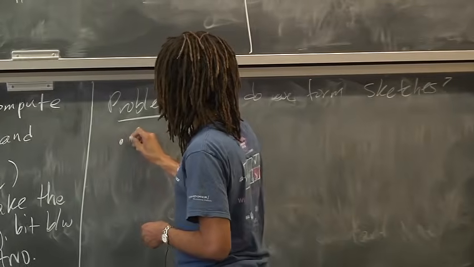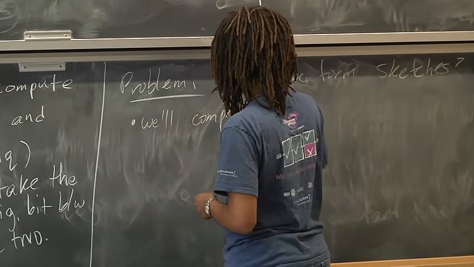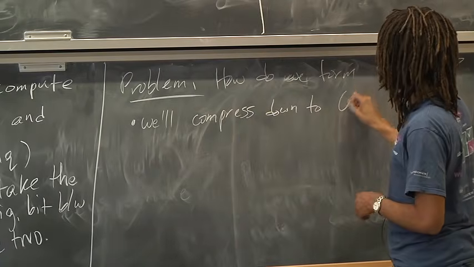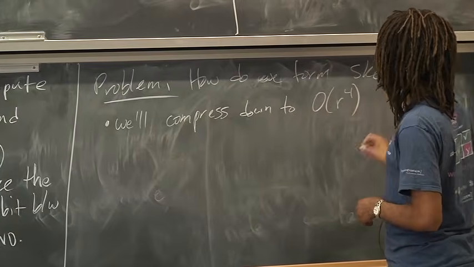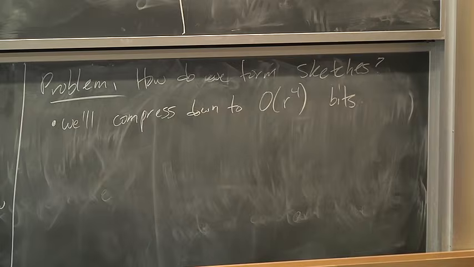So we'll compress down to r to the 4th bits. Okay, so we won't get r bits, but we'll get r to the 4th. R to the 5th is w. We don't want w.